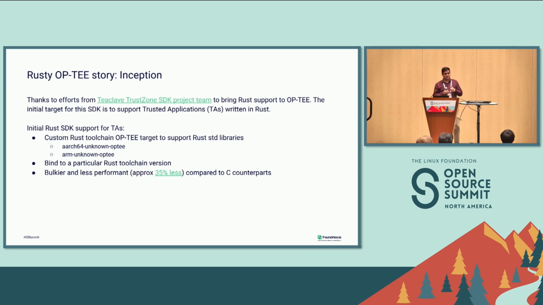But on the Rust side, with these targets, it was bulkier because all the standard library things are getting imported, although they were just stubbed out, and they were less performant compared to the C counterpart. It also needed a binding to a particular Rust toolchain version, because you have to keep porting that target to a different Rust toolchain target whenever you need to bump the Rust version.